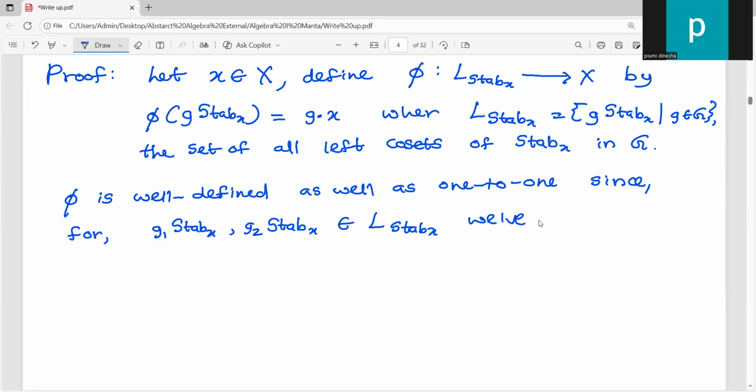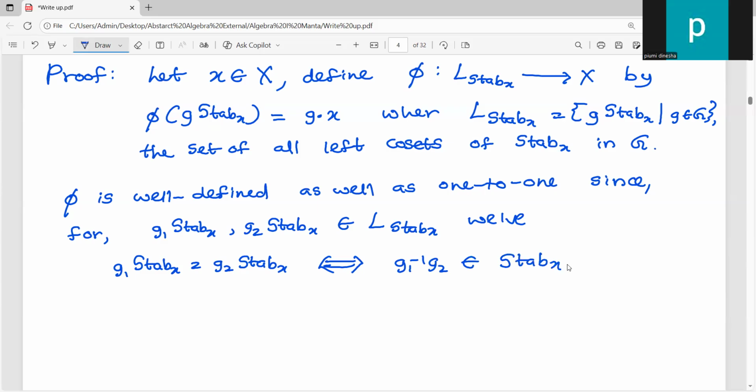Then we have G1 stab X equals G2 stab X if and only if G1 inverse G2 is an element in stab X.